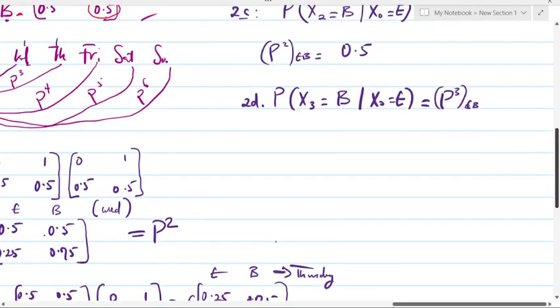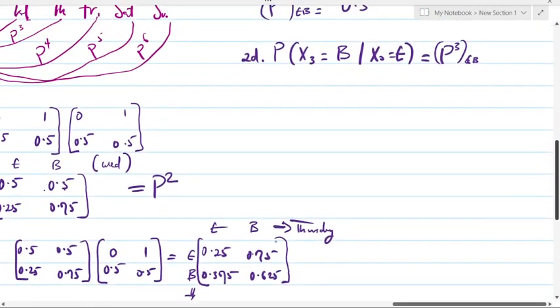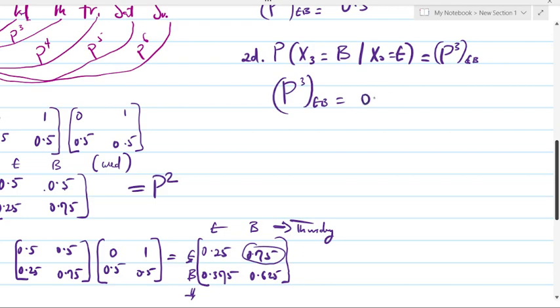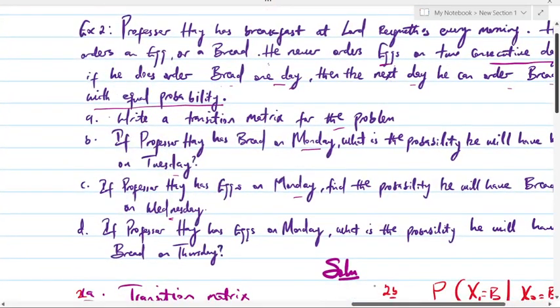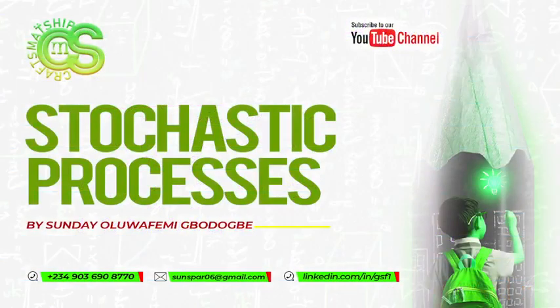So the question is moving from E to B, which is this, and that is 0.75. So moving from E to B over step 3, we have 0.75. You can take your time to watch the video again and again for better understanding. Alright, thank you for watching. My name is Sondolo Afem Godogbe. See you in the next class.